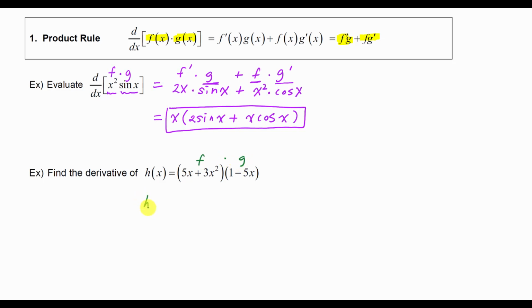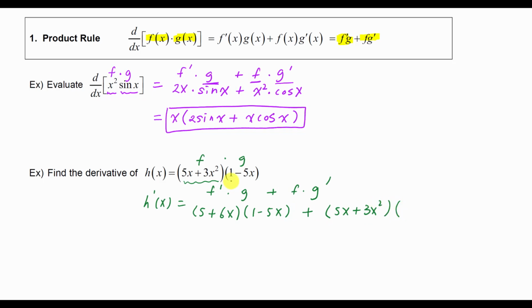So when you take h prime of x, that will be equal to f prime times g plus f times g prime. So what would be f prime? The derivative of 5x is 5, and the derivative of 3x squared is 6x, and then we're going to multiply by g the way it is, plus f, which is 5x plus 3x squared, times the derivative of g. The derivative of 1 is 0, and the derivative of negative 5x is negative 5.